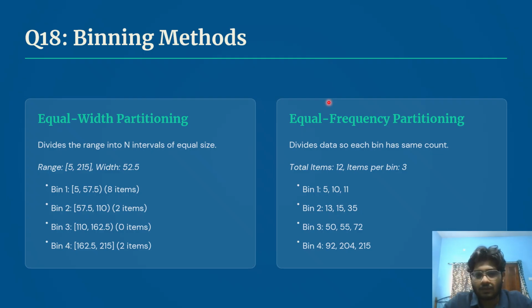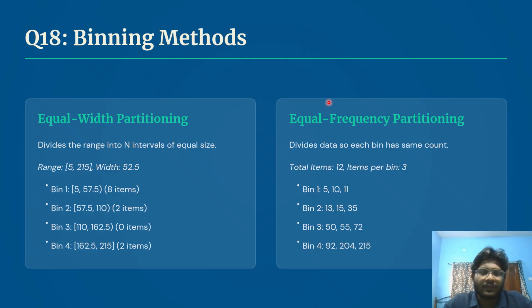So now we have total items as 12, and we will create 4 bins, so we should have 3 items per bin. We will create bin 1, which has 5, 10, 11, bin 2 with 13, 15, 35, bin 3 with 50, 55 and 72, and bin 4 with 92, 204 and 215.